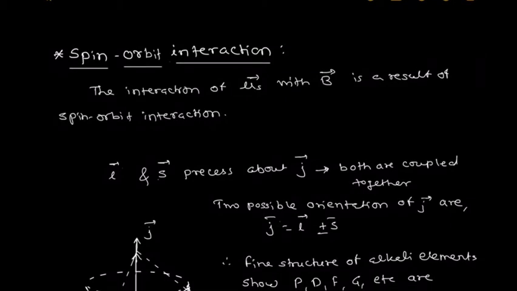We get two possible orientations of J, that is J equal to L plus or minus S. L plus S gives one of the states of a given energy level, and L minus S is the other state that we discussed earlier under the normal order of the fine structure doublet.